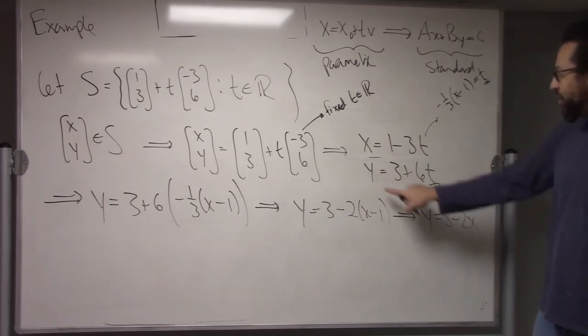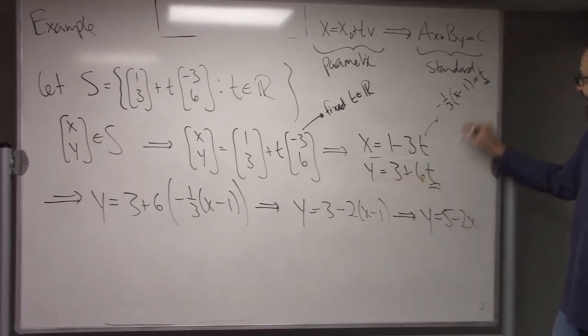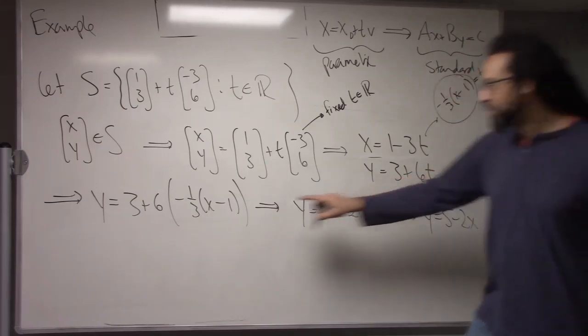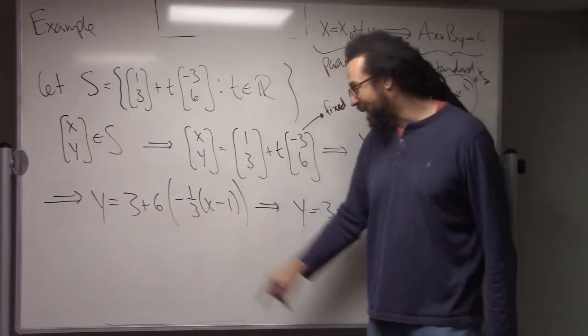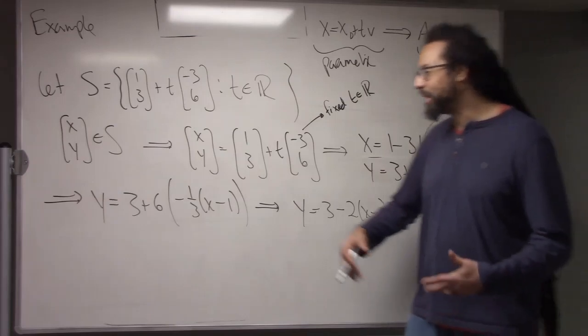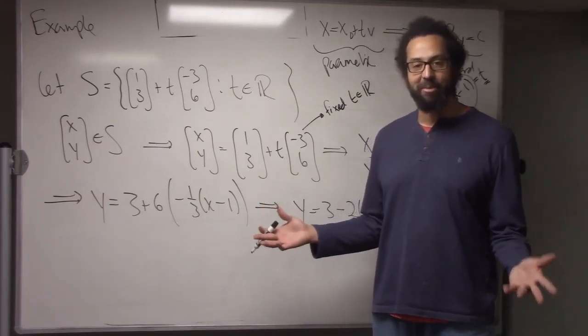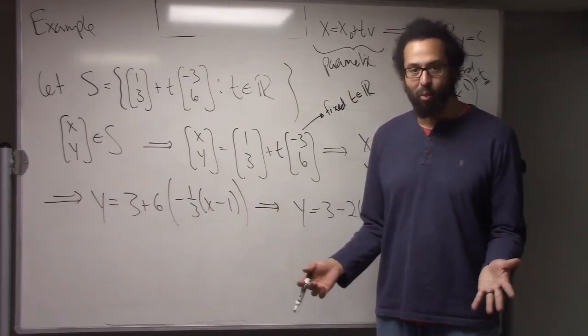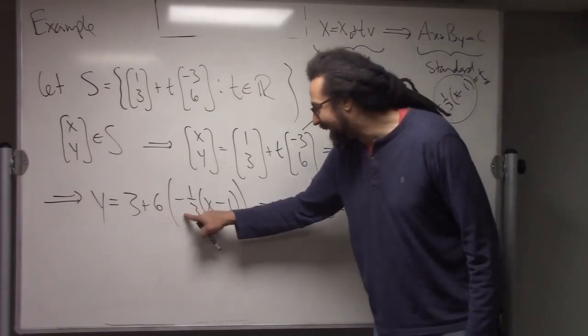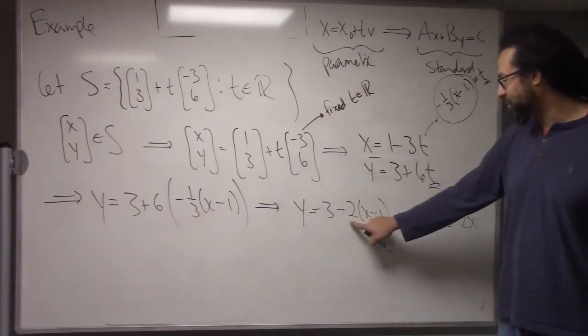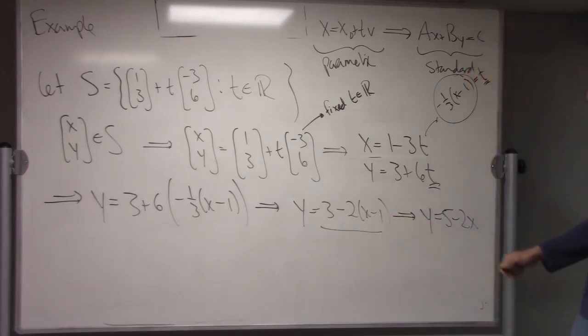So y is equal to 3 plus 6 times -1/3 times (x - 1). And now we've eliminated the parameter t. Now we've just got x's and y's, and this is about to look like standard form. So 6 times -1/3 is -2. Go ahead and work all this out. You get y is equal to 5 minus 2x.